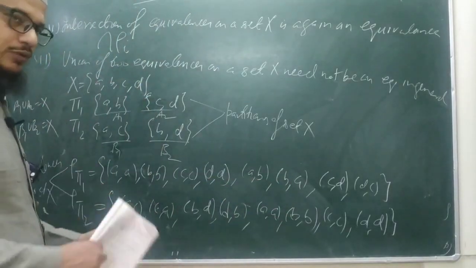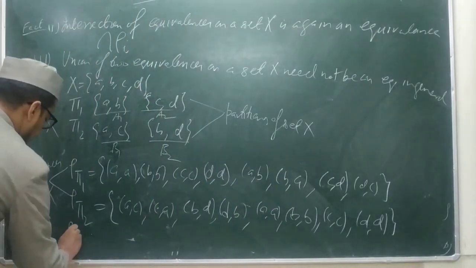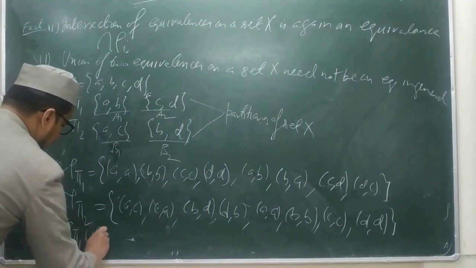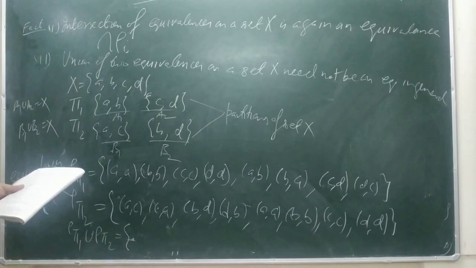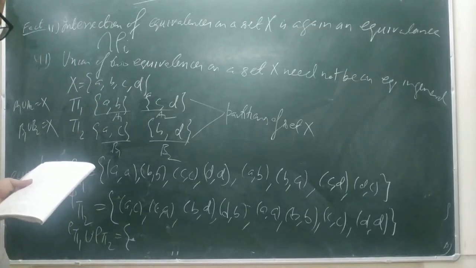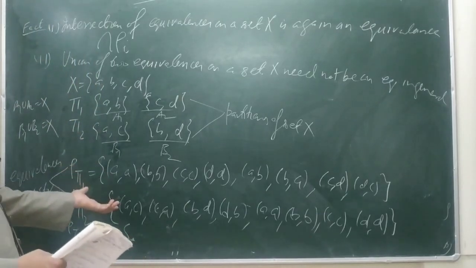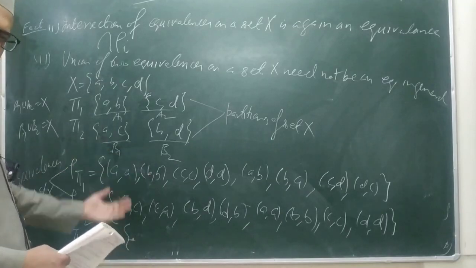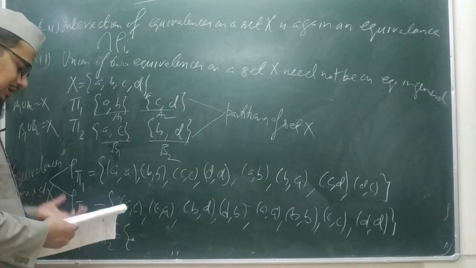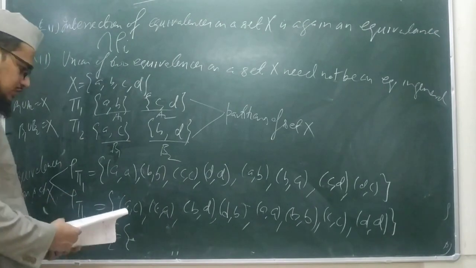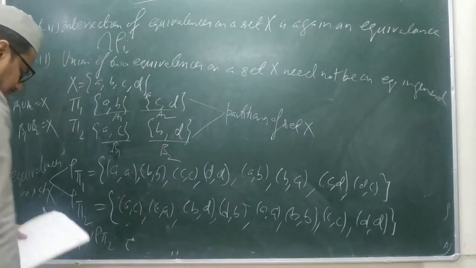Now if we talk about the union of these two, that is rho pi 1 union rho pi 2, then what happens? You can calculate it, because it contains the elements of both, no problem. Now you see that the union is not transitive.